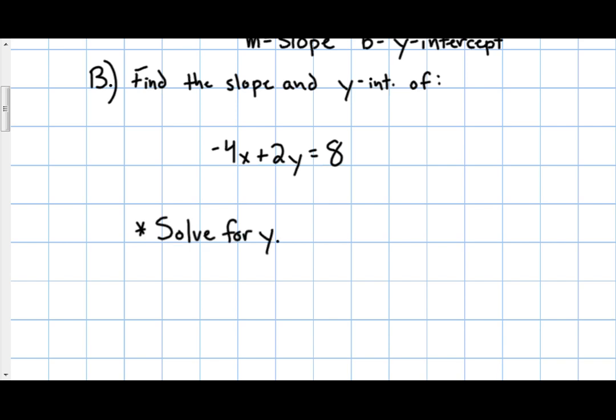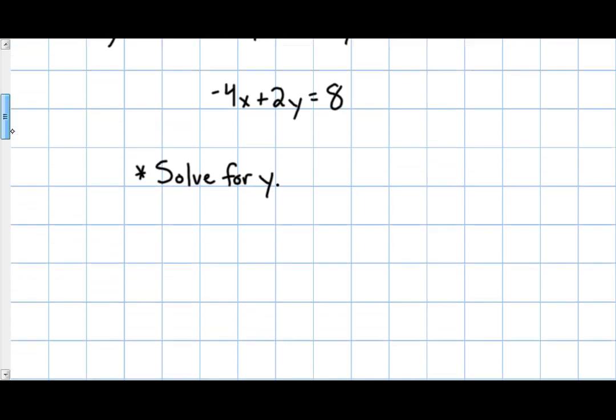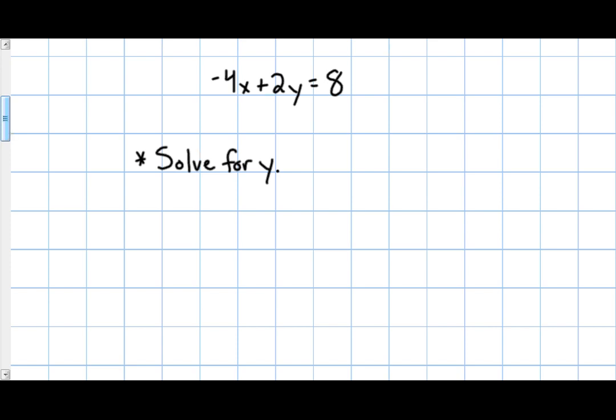And if it's a linear equation, which most of these are, it's going to work out so that it'll form into the point slope form. So to solve for y, we're looking to isolate that variable, meaning get y on one side and everything else on the other side.